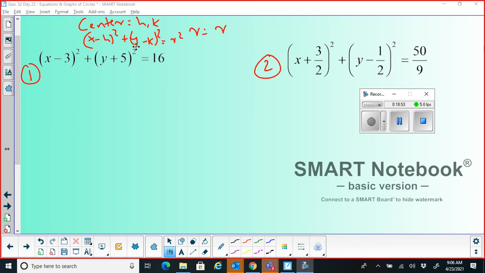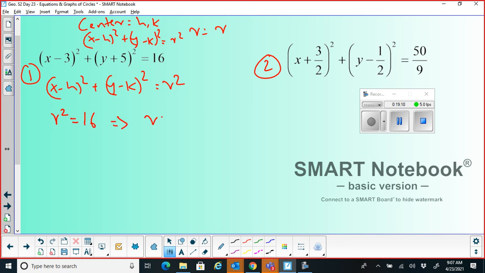This is in the form of x minus h whole square plus y minus k whole square equals r square. We know that r square equals 16 implies r equals 4, taking square root on both sides. So we have the radius. In the same way, in place of h I have 3. This is simple, so I can say h equals 3.